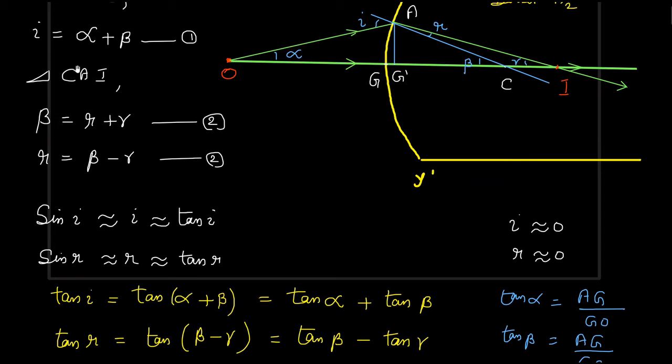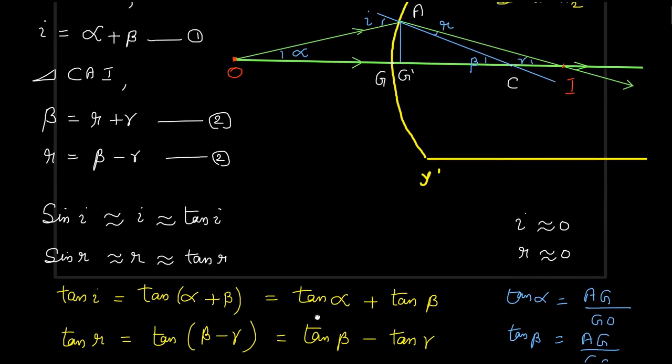Tan i is tan of alpha plus beta, and it is approximated as tan alpha plus tan beta. What is tan r? Tangent of beta minus gamma, that is approximated as tan beta minus tan gamma. What are these tan alpha, tan beta, tan gamma?